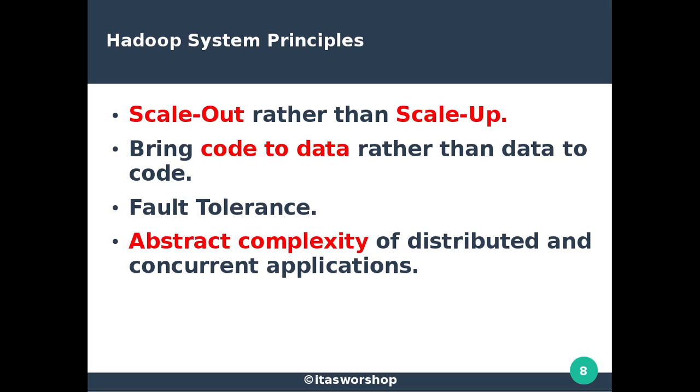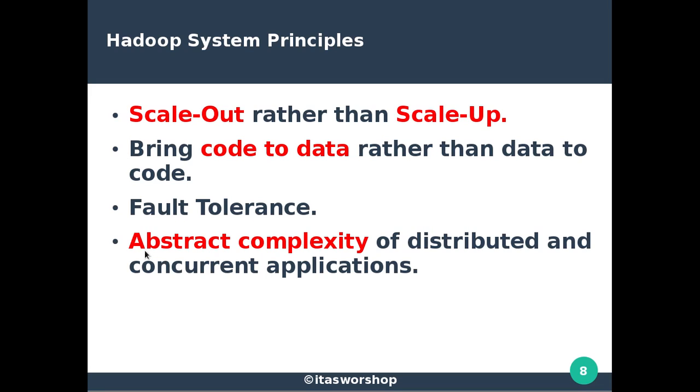Taking data to your code is the traditional approach, and Hadoop follows the approach of bringing code to data. The third principle is fault tolerance. HDFS is there, and how is HDFS fault tolerant in comparison to other systems.